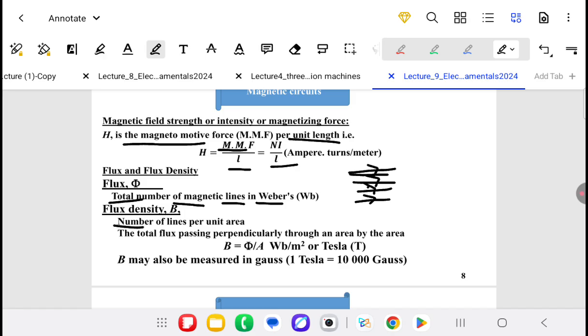For the flux density, which is the number of lines per unit area, it is the total flux passing perpendicular through an area divided by this area, or B equals phi divided by area, in Webers per meter square or Tesla. There is another unit of flux density, which is Gauss. We have 1 Tesla equals 10,000 Gauss.